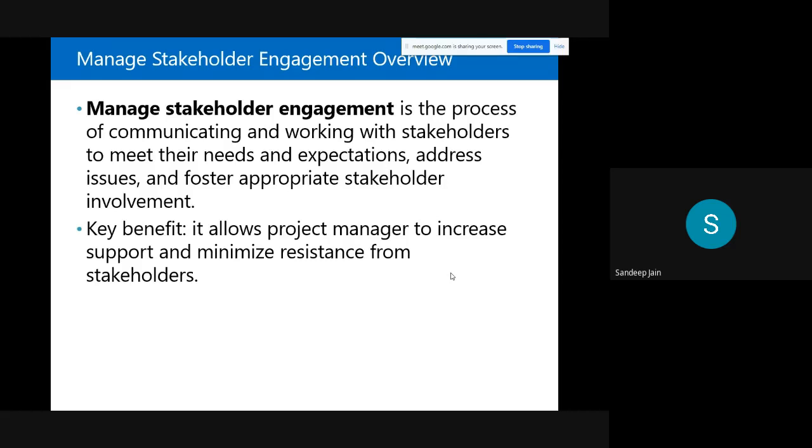And when there is an interfering VP, then to have a meeting at a VP level and let all the VPs mutually decide what to be done, or to get the next management level intimated and let them take a call on the requirement.